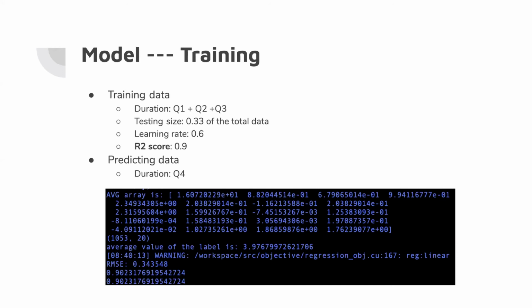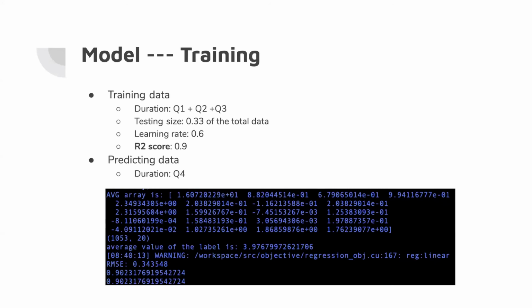If the score is 1, it means the prediction precisely followed the label. And if it's negative, for example -1, it means the prediction is totally on the opposite side of the label. So we got a 0.9 R2 score. This means that our result is aligned with our labels.